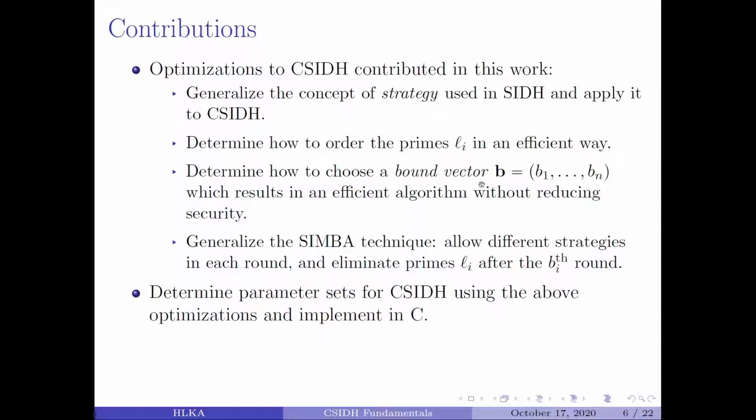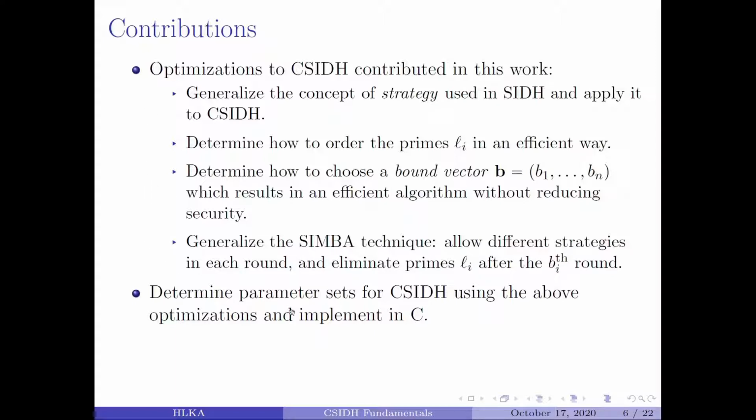We determined how to choose a bound vector that increases performance without affecting security. And we also generalized the SIMBA technique that was previously introduced to allow for different strategies in each round, and also eliminate the primes Li once we are guaranteed that we won't need any more isogenies of degree Li.